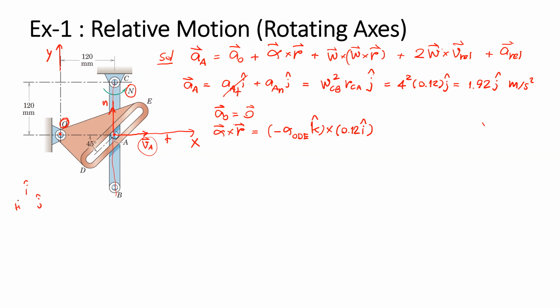With i, j, k, k cross i will be j, but we have the negative here. So minus 0.12 alpha OD in the j direction.